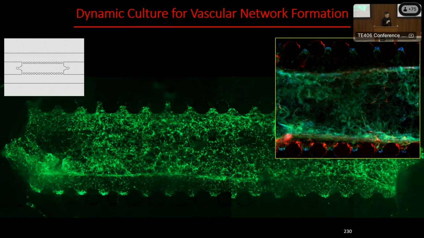In the first example, for the work we have been doing the past couple of months, we have shown that you can potentially endothelialize the entire chamber quite nicely. And in preliminary experiments, we showed that these endothelialized vessels can potentially be perfused.